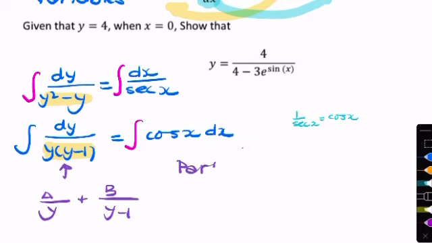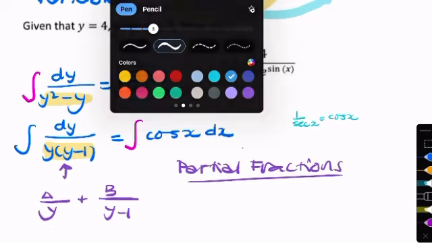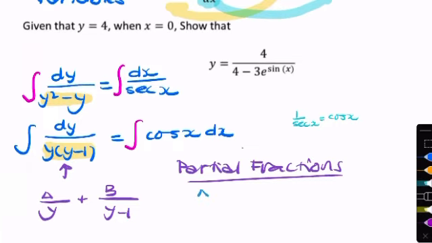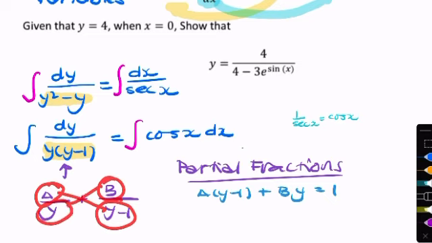So now we'll do a quick partial fraction solution. A times y minus 1 plus By equals 1. So this multiplied by this plus this multiplied by this equals 1.